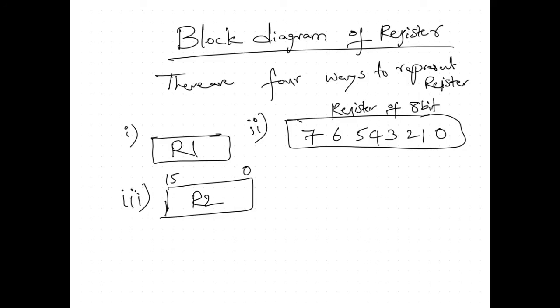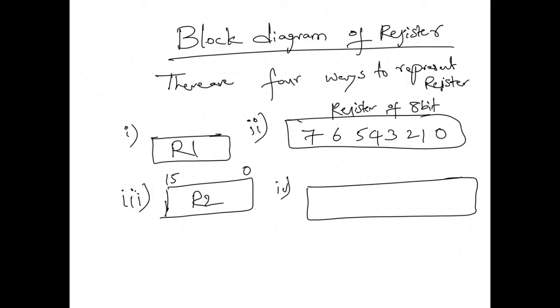With this you can understand that this is a 16-bit register. Why? Because from 0 to 15, how many bits? 16. 0, 1, 2, 3 up to 15 means 16. So with the third representation, I can understand that this register is R2 and it is a 16-bit register.